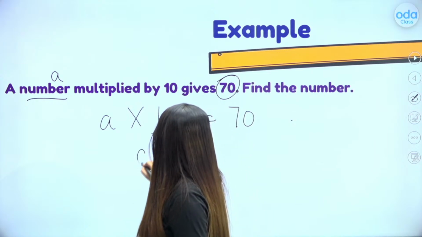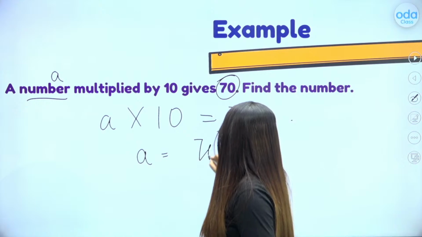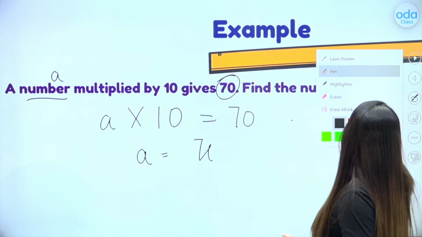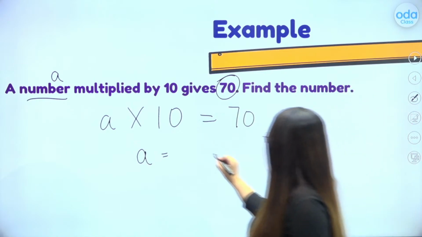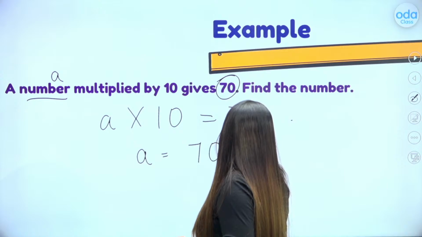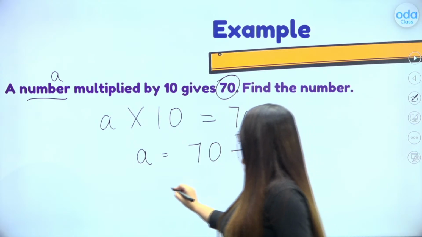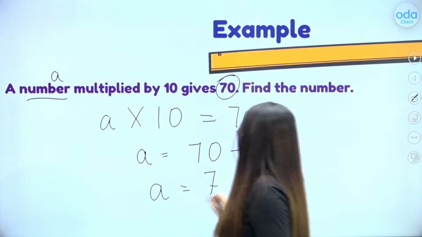Clearly, if we have to find out the value of this a, you are going to divide these two numbers. So that is going to be 70 divided by 10.